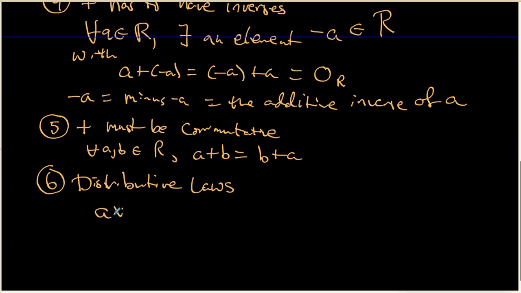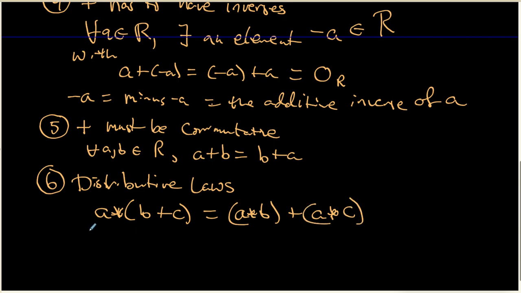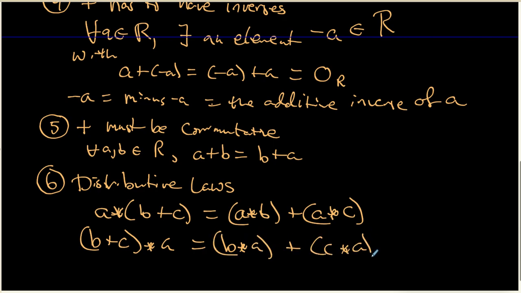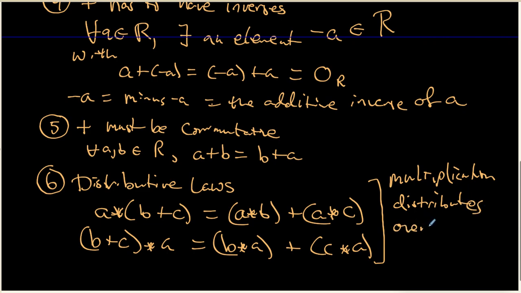We get A times (B plus C) has to be A times B plus A times C. And we also have (B plus C) times A will be B times A plus C times A. Both of these are referred to as saying multiplication distributes over addition.